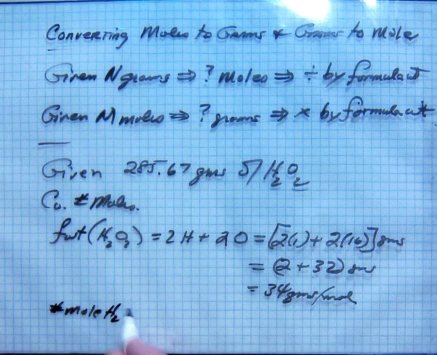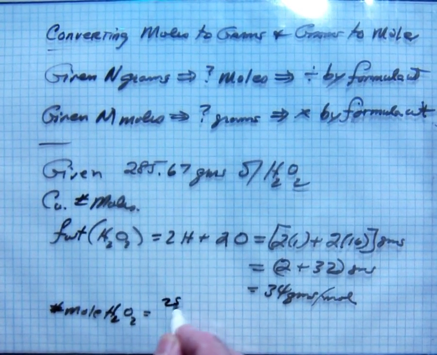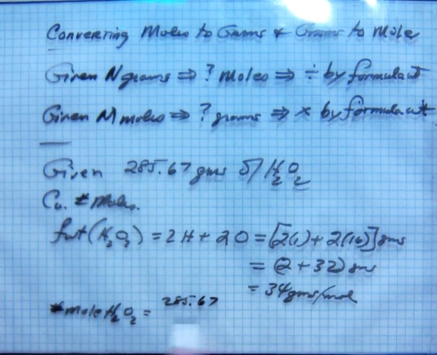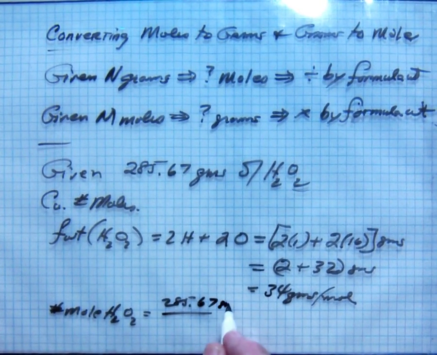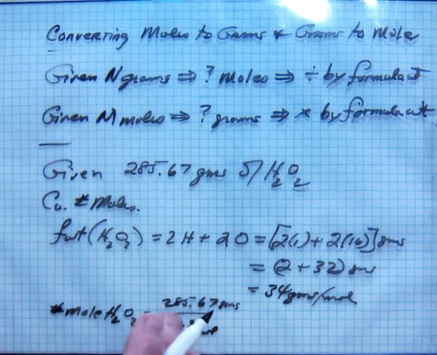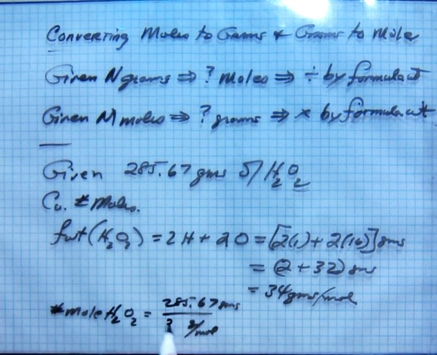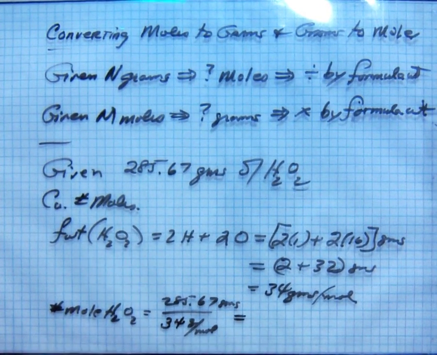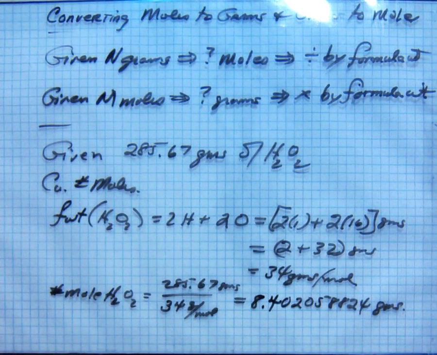Moles is 285.67 divided by, well, I'm going to go ahead and put the units in so you can see that, 34 grams per mole. You'll see as a calculator answer what I pulled off of here. What do you use to round this off? You use the data point, not the mole weight. Here, 1, 2, 3, 4, 5 sig figs.